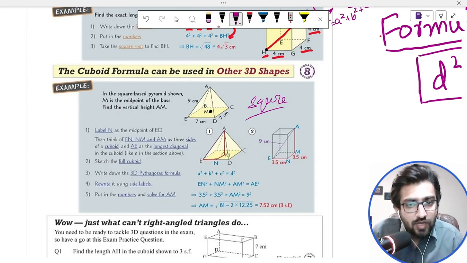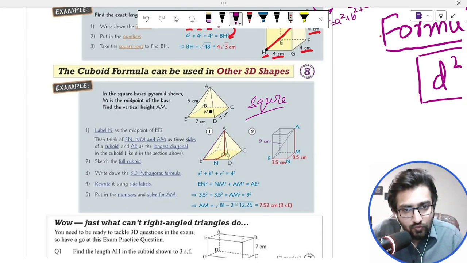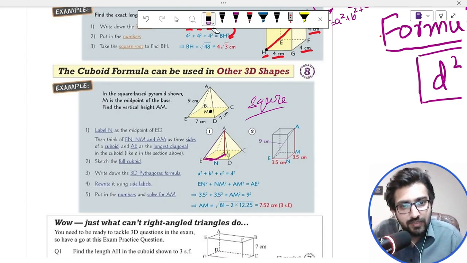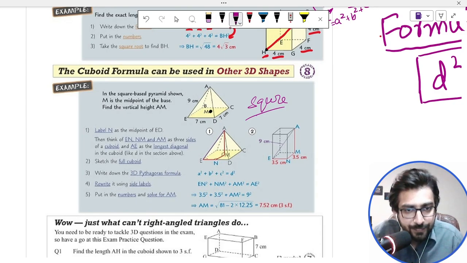Okay, so now what we can do, you will draw a line from the midpoint to this point and make this like that. So there are two sides, one is this, one is that, one is the top one. By the way, understand the concept, it is very important, then you will be able to apply it anywhere.